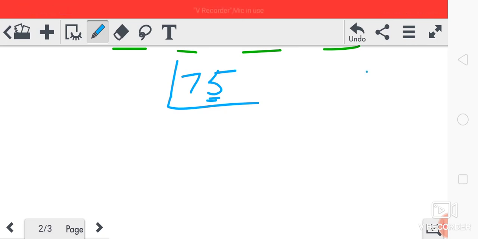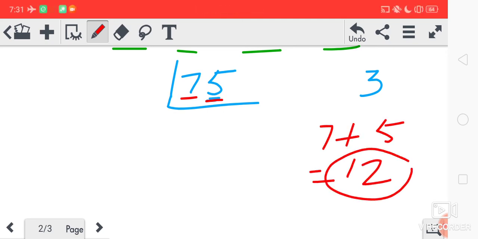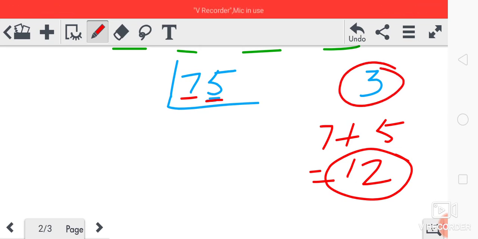Can we take 3? What is the divisibility rule for 3? Add the digits 7 and 5. How much do we get? 7 plus 5 is 12, and 12 is in the table of 3. So this is divisible by 3.